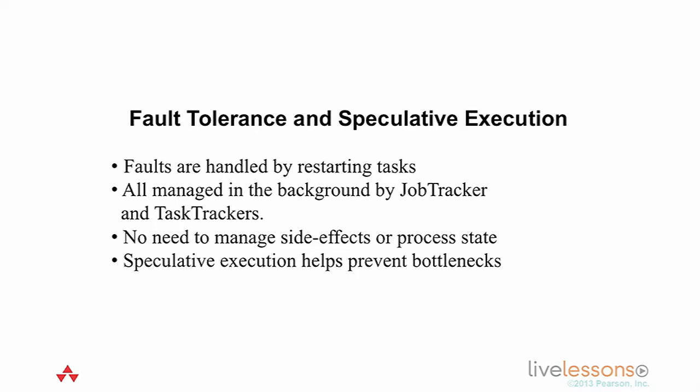And usually it's referred to as a heartbeat. And if it doesn't get the heartbeat in a certain amount of time, it's going to assume the node is down. So whatever processes, whatever maps or reducers are running on the node, the job tracker knows that and is going to basically restart those jobs on other functioning nodes.